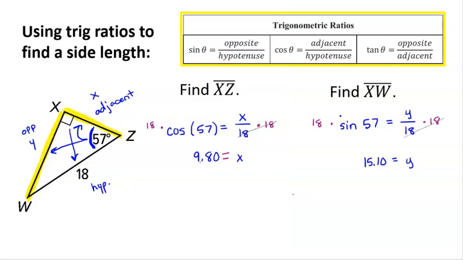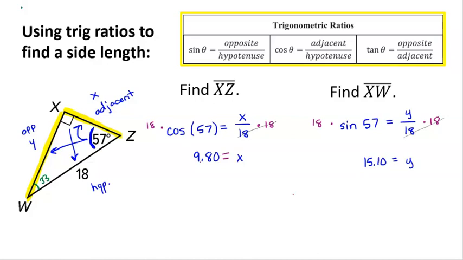And now let's kind of just look at if I were to use the other angle. So let's say I wanted to use 33 here. And so if I were to use 33, X would become my opposite, right?